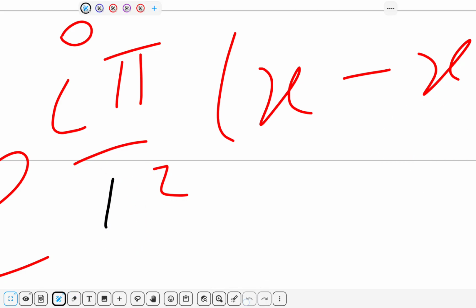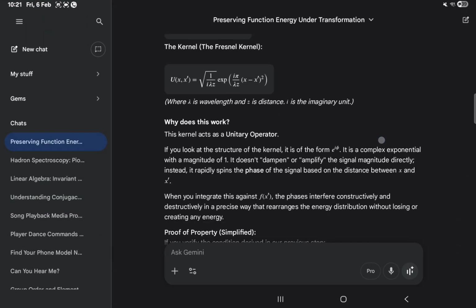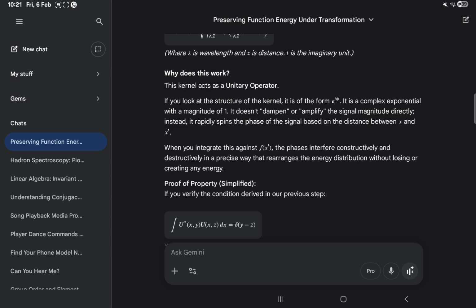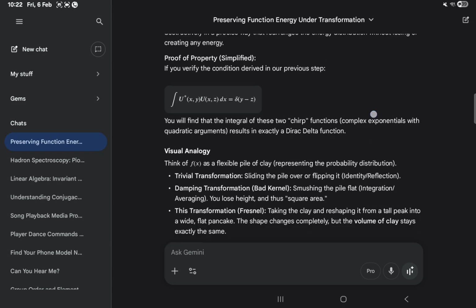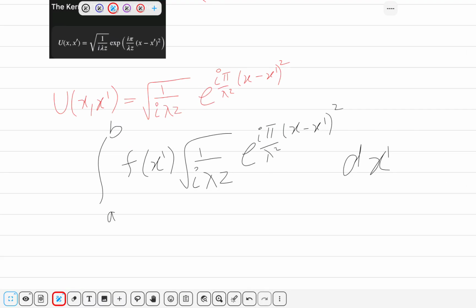So now, let me check how this works. I think I should just check if this at least gives me area one.